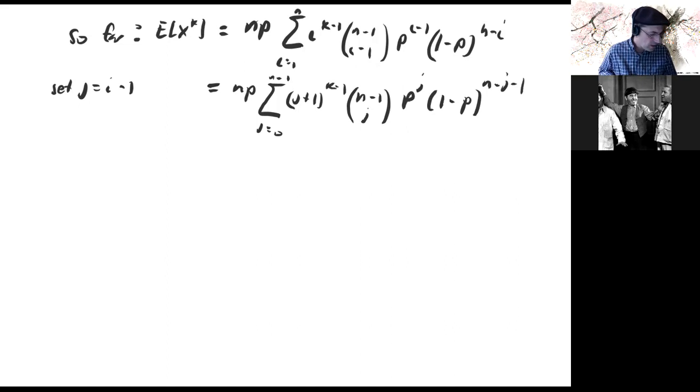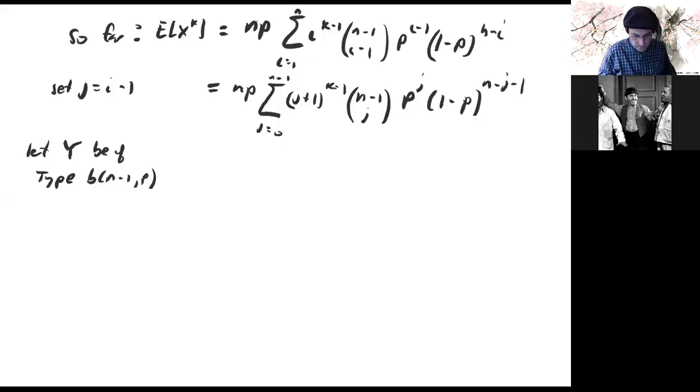Then you stare at this, and this is what happens if we let Y be of type B(n minus 1, p). If we let Y be any binomial random variable of type n minus 1, p, we notice that this sum is np times the expected value of something.